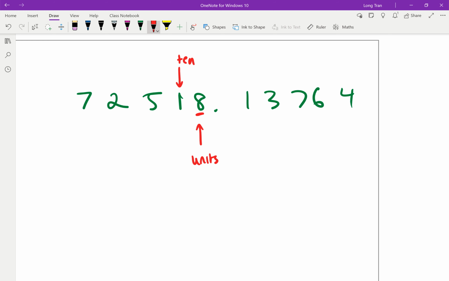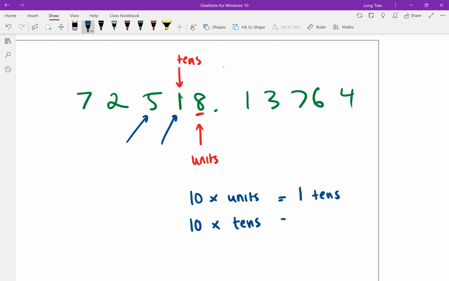Now this is going to be important, which explains why the next technique I'm going to show you works. 10 groups of these units equals one ten. How many of these tens do I need to make one of these hundreds? 10 again. This is why it's special. So 10 groups of tens will give you one of these hundreds.